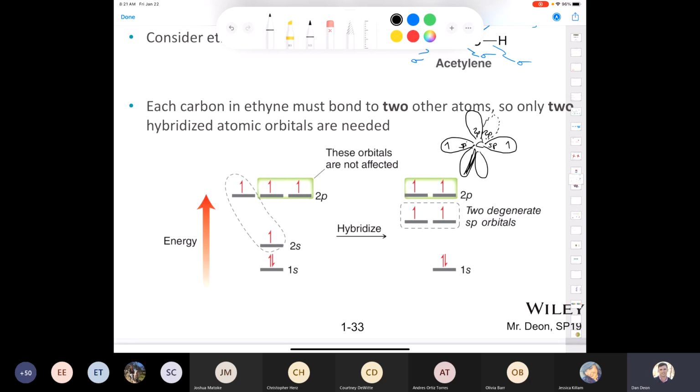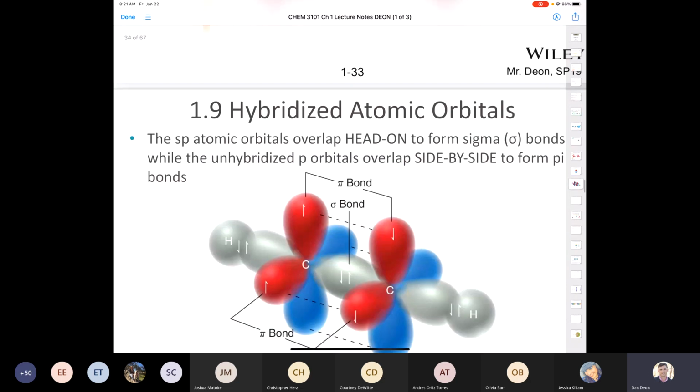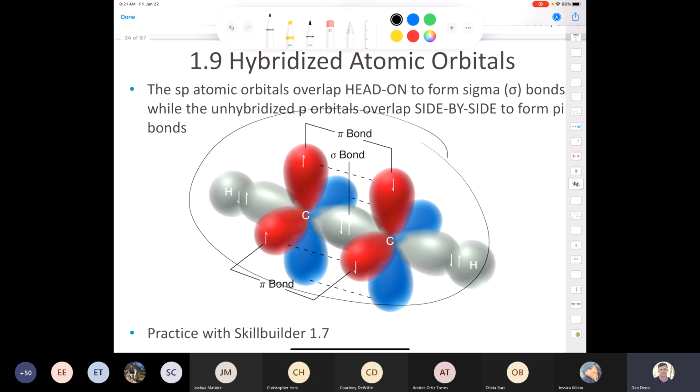Anyhow, so what they've done in this next picture is they've taken 2 of these, what I just drew, and they showed them connecting to form the acetylene molecule. So again, if you're not 100% following me here, if you're like, what is this that's drawn here? This is an orbital overlap diagram of this molecule, acetylene.